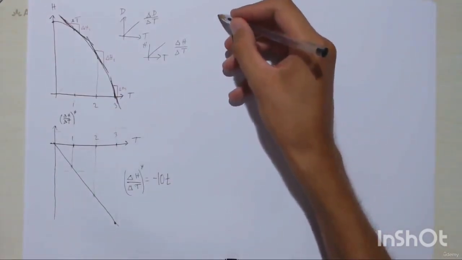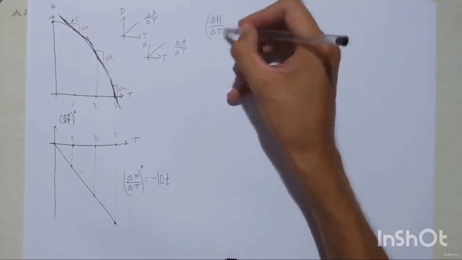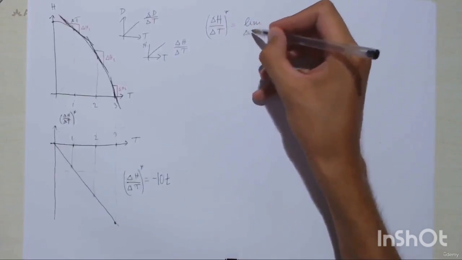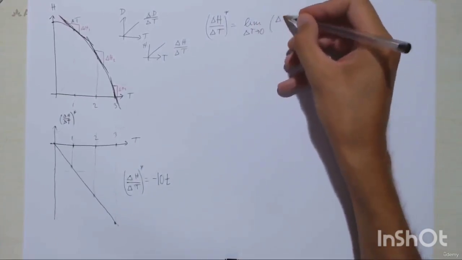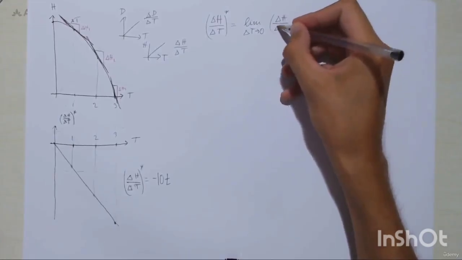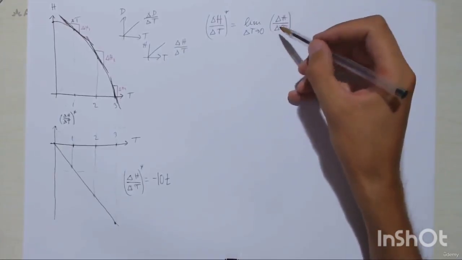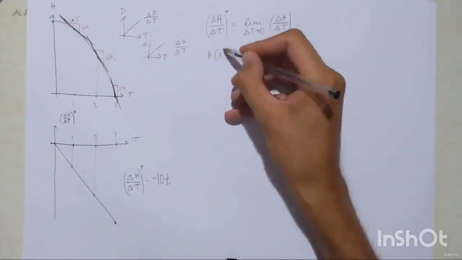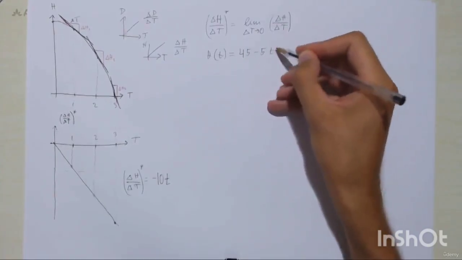So our instantaneous change, which we denoted with a star, is defined as the limit as delta t approaches 0 of delta h over delta t. That's called the derivative of the function that we have here, which was 45 minus 5t squared.